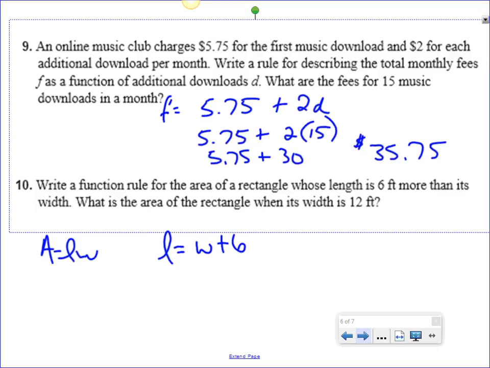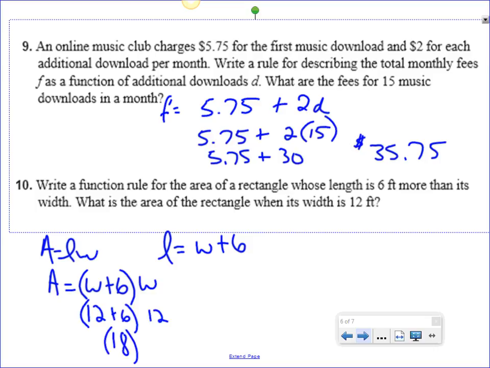So the area is equal to W plus 6 times another W. And if the width is 12, we could plug that 12 in. 12 plus 6 times another 12, so it's 18 times 12, which I will have to grab a calculator for. 18 times 12 is 216. So our area is 216 square feet.